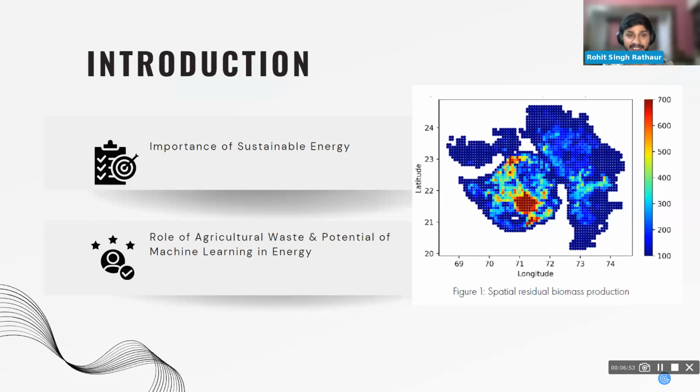This biomass was scattered across vast agricultural lands, which made its collection a logistical puzzle. Now imagine this spatial residual heat map here. The dark side represents where we have more biomass. In this heat map we have some grids, and these grids were useful at the time of predicting our future biomass.